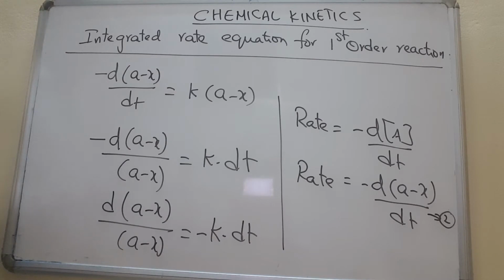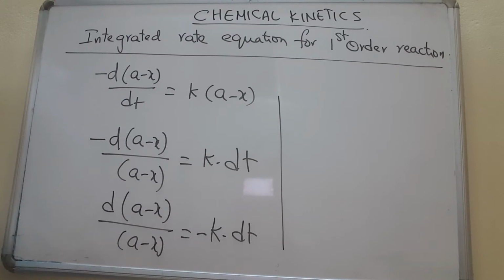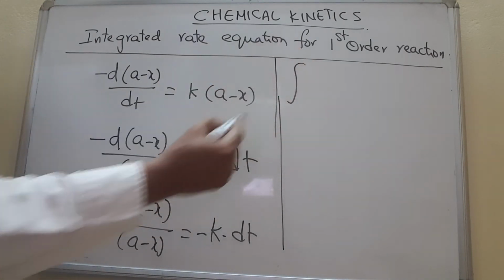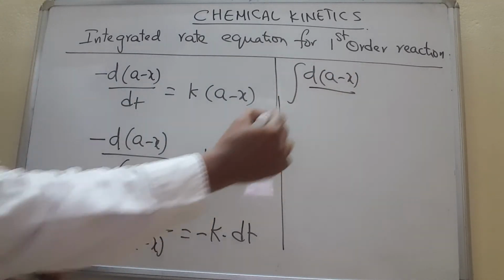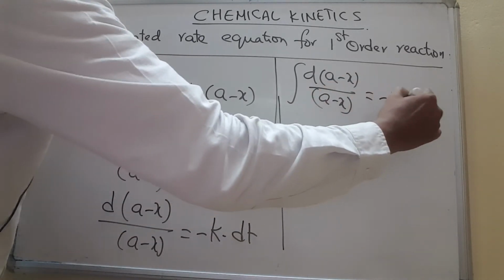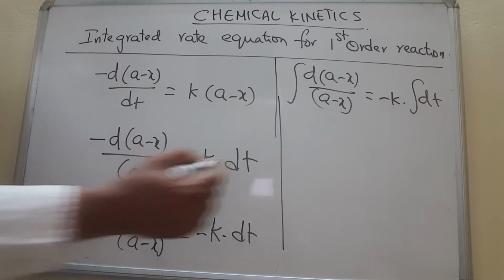And then integrate on both sides. So if we integrate both sides, then integration of d of a minus x by a minus x is equal to minus k into integration of dt, because constant cannot integrate.